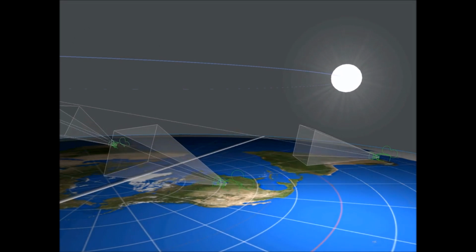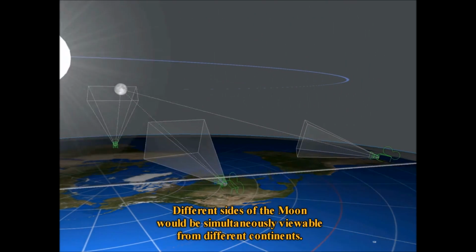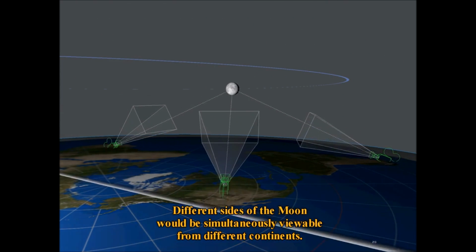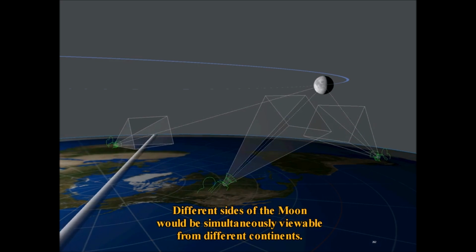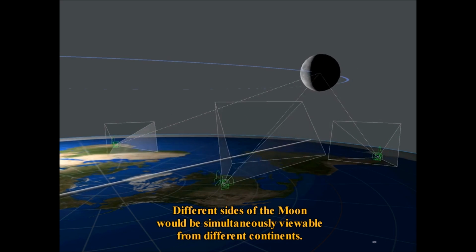The path of the Sun would also curve towards and then away from the observer as it made its pass, which would also be true for the Moon, meaning people experiencing night in different locations at the same time would observe different sides of the Moon.